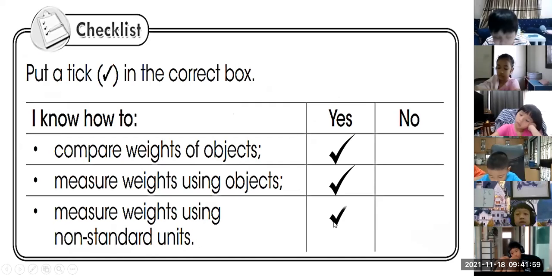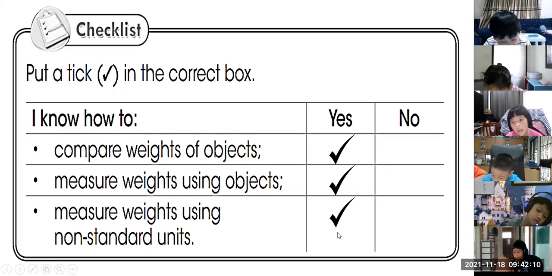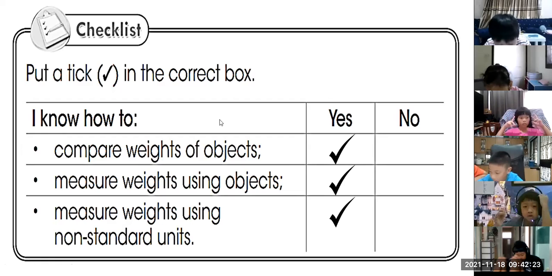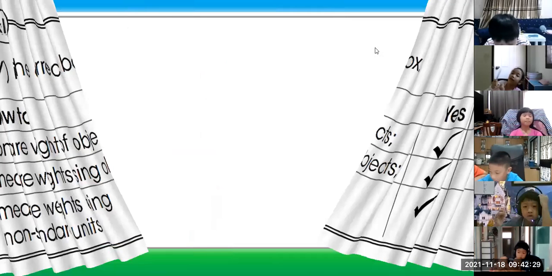And here, I know how to measure weight using non-standard units. So tick all of these. Everybody, pencils up. If you are finished, pencils up. I'm sorry for the internet connection. It's very low here. So that's all. Let us watch the video again.